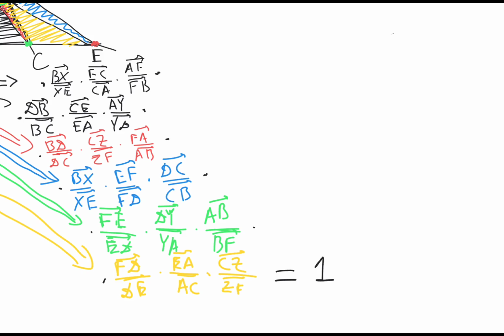Yeah, okay, we need to invert some of them. Because, for example, BX and XE, this is here, and for it to cancel we need to invert, because if you write the inverse of this ratio, it would still be 1, so it shouldn't matter for the original Ceva's theorem.